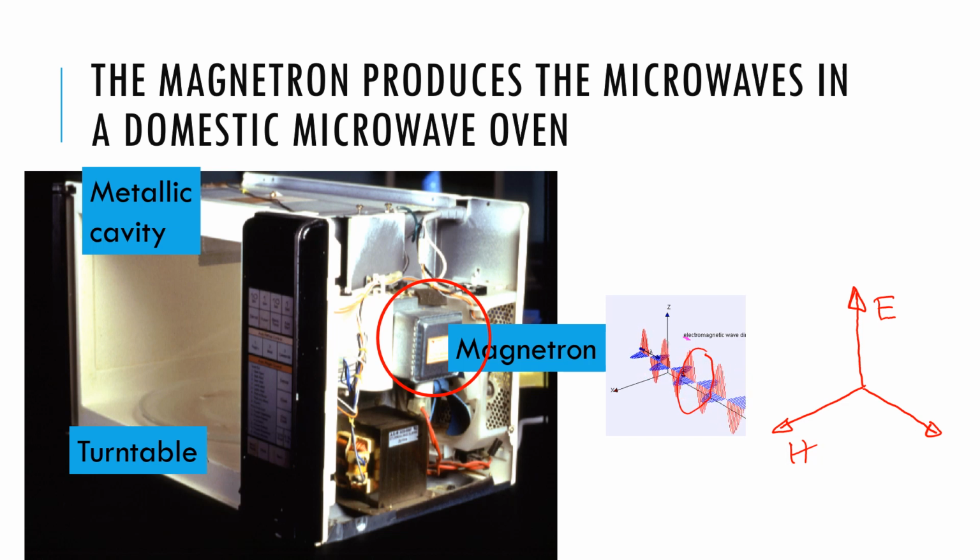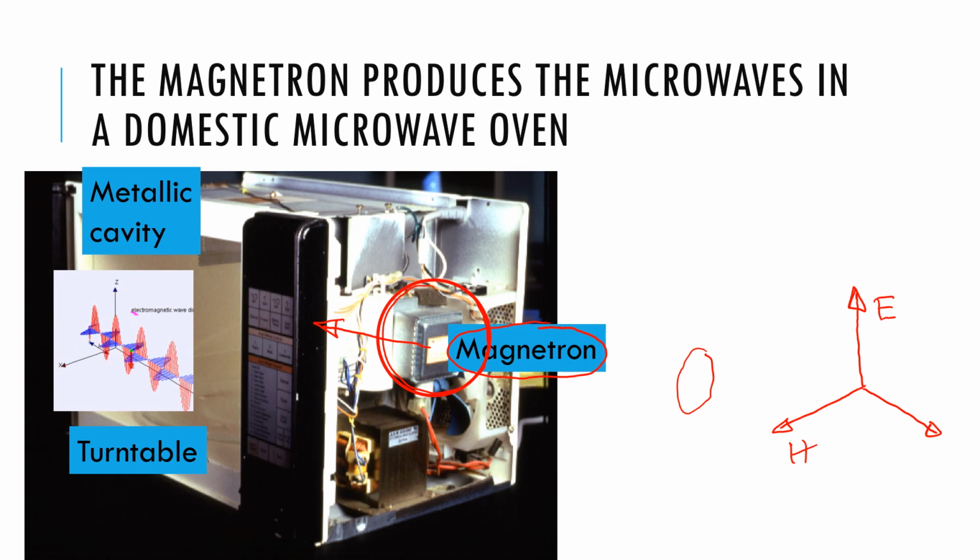So what generates this electromagnetic wave? In a microwave oven there is a magnetron on one side that generates these electromagnetic waves. Those generated waves are fed into the oven.